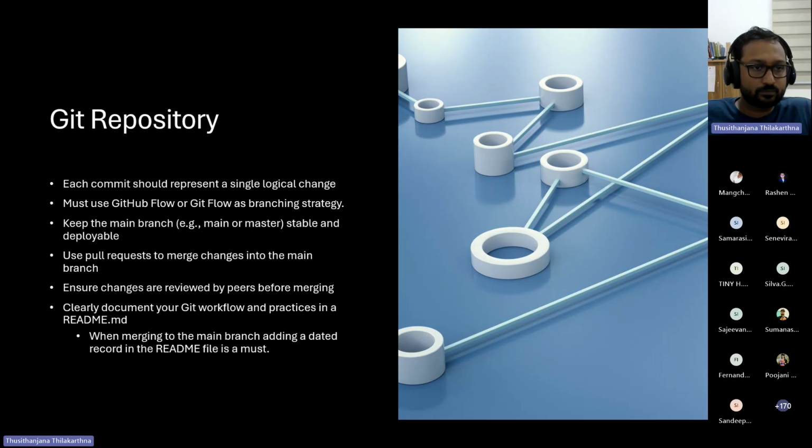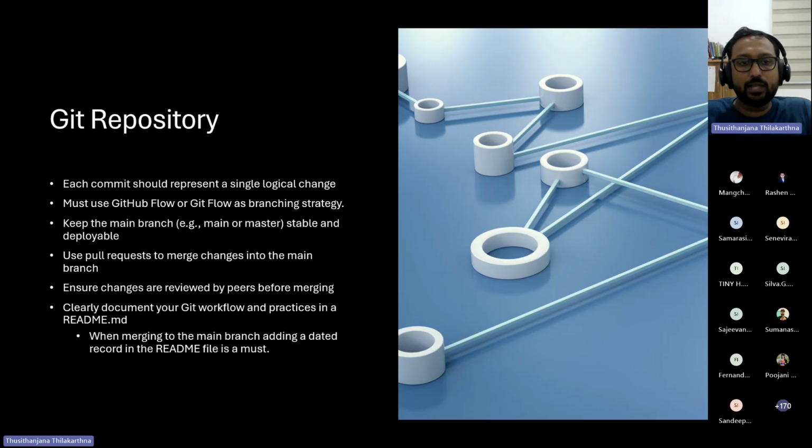Then clearly document your Git workflow and practices in the README file. At least you should keep the dates where you have merged your main branch, right? That is the minimum requirement for the README file. There should be the dates and details about the merging for the main branch.